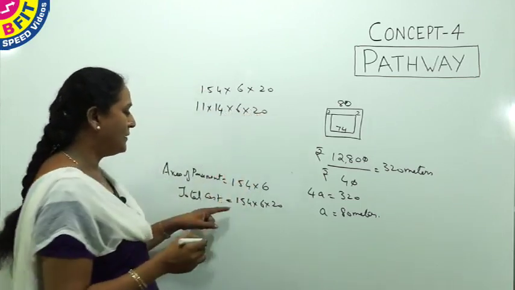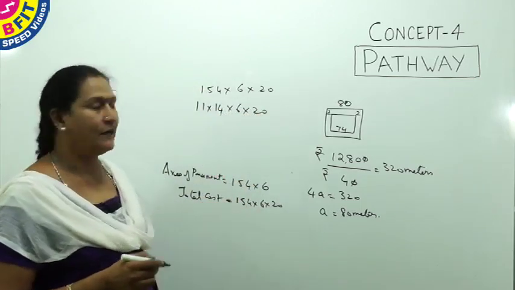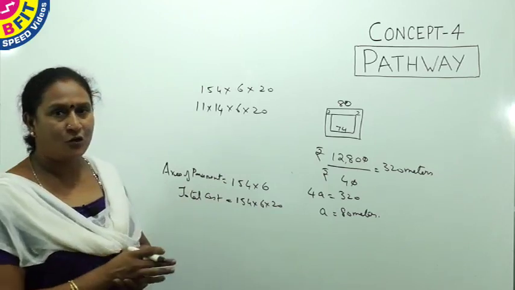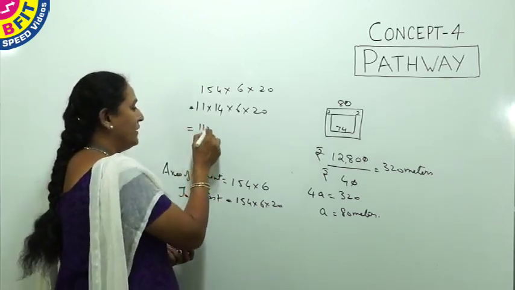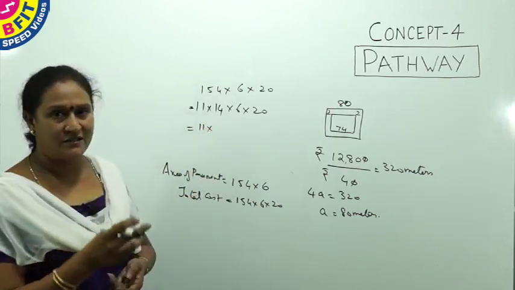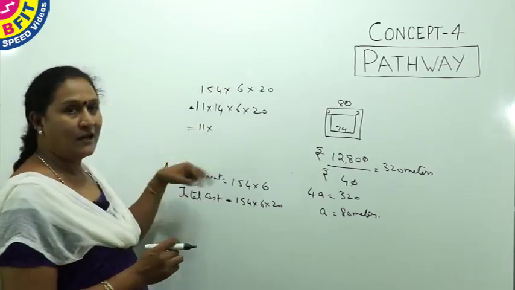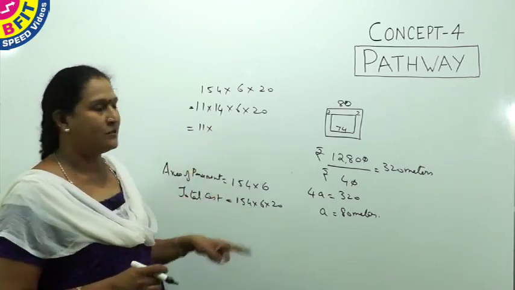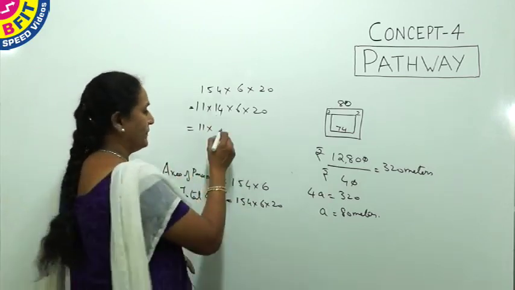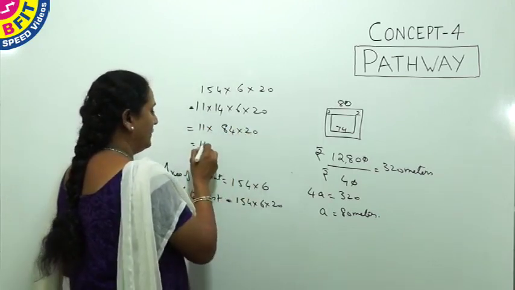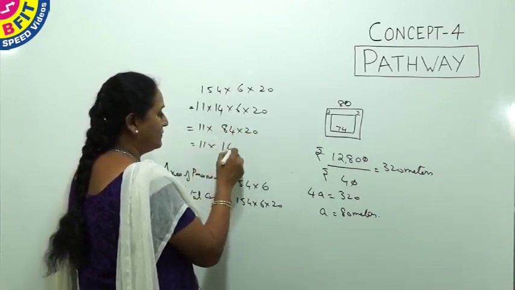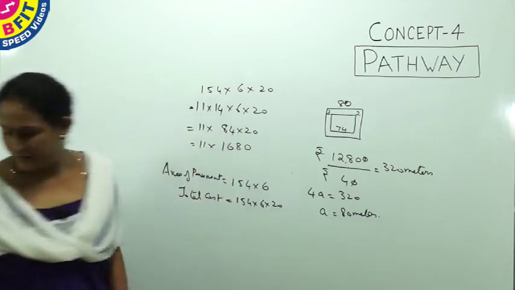Instead of multiplying 154 into 6 and then 20, we are making a different combination to make our working easier. Multiplication by 11 is easier, so we can do that at the last. So we will multiply all this. What is 14 into 6? It is 84, into 20. Double this, 1680.